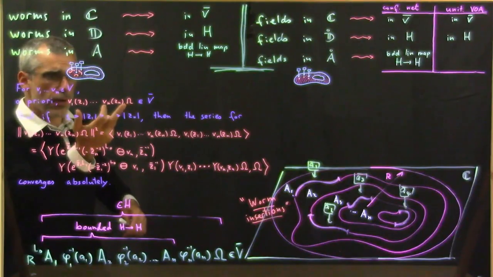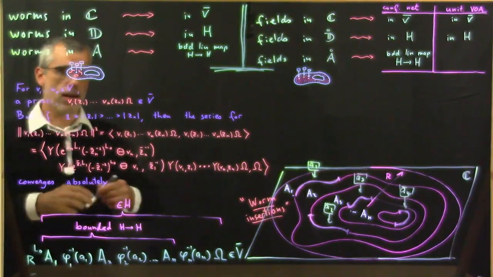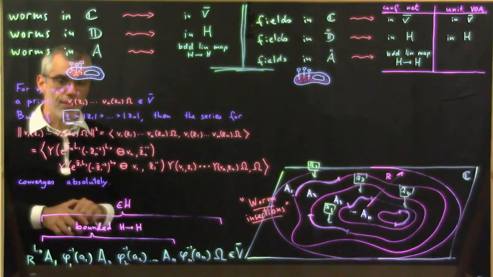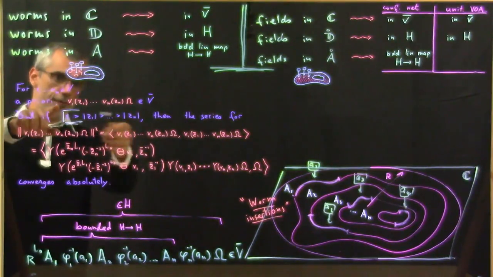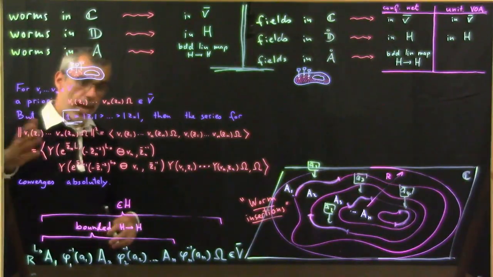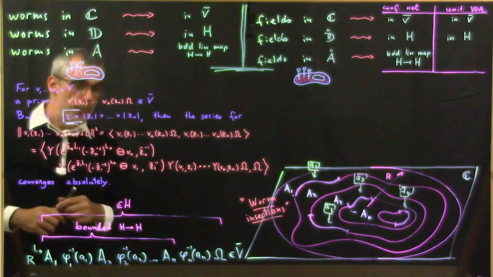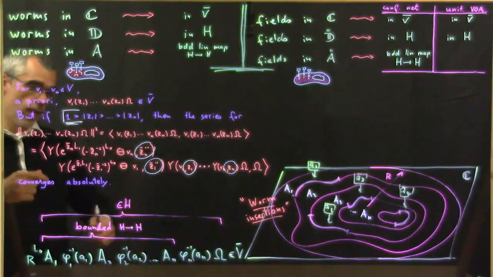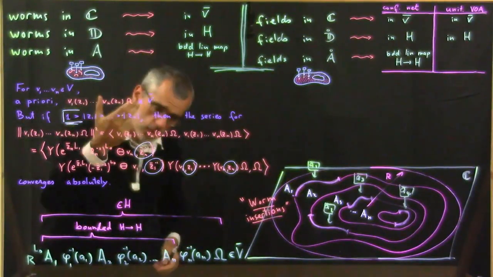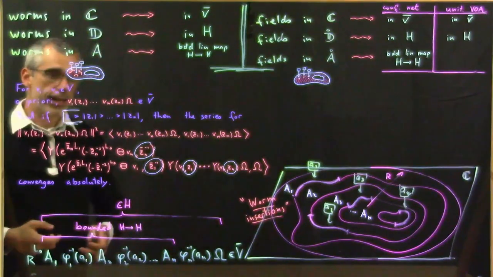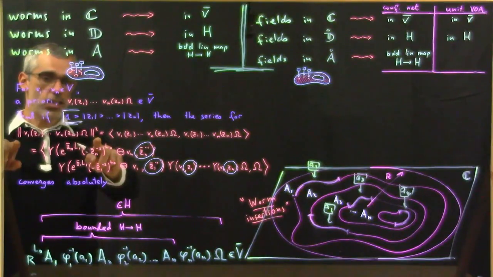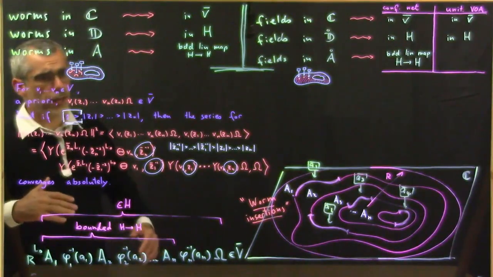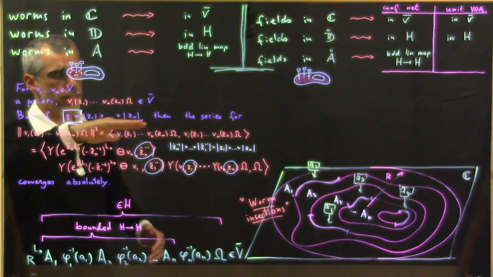An expression like that a priori lives in V bar, but if the absolute values are smaller than 1, that's the important condition, then the series that computes the square norm of that element can be evaluated in this alternative way, and because the absolute values of these points where things are inserted are in decreasing order, the series converges absolutely, ensuring that this square norm is finite, and thus that this element of V bar is in fact an element of H. And then there's a little trick to take care of the case when the inequalities are weak as opposed to strict.